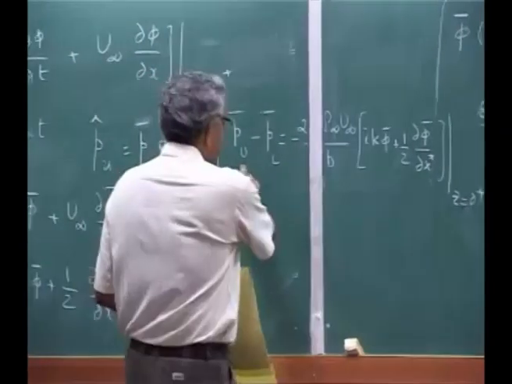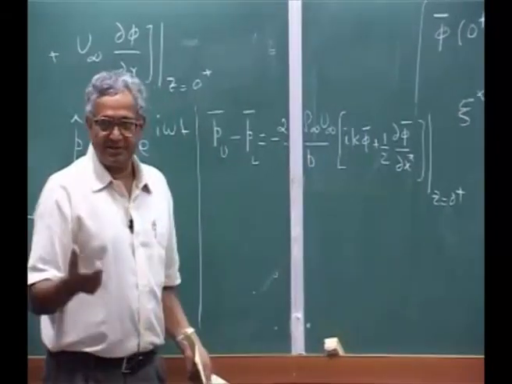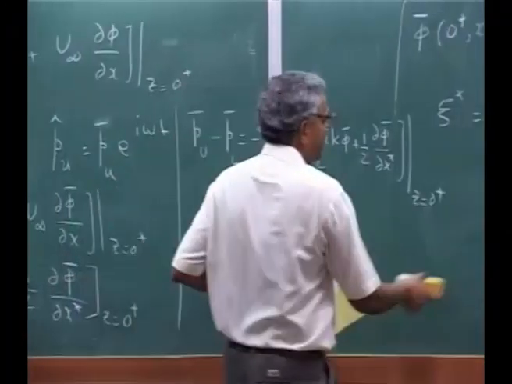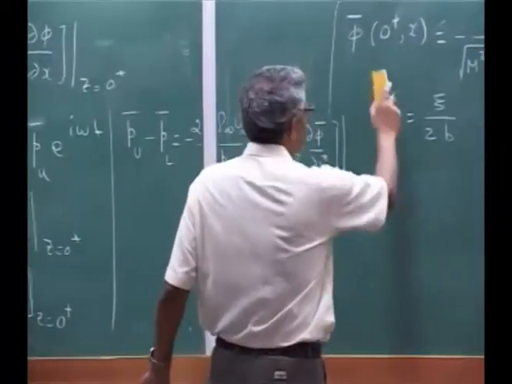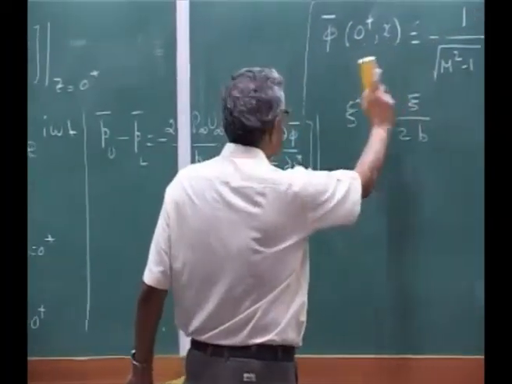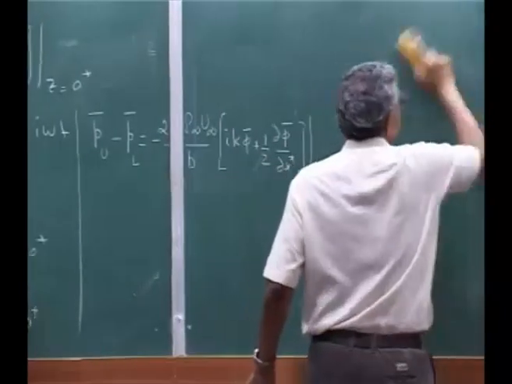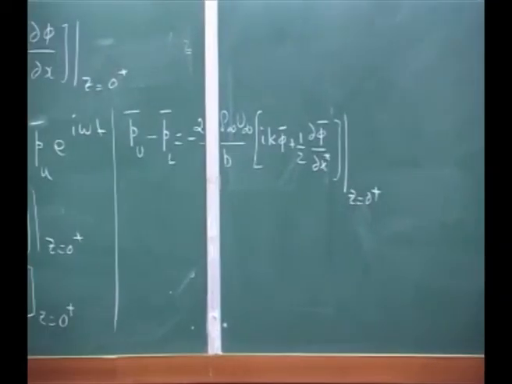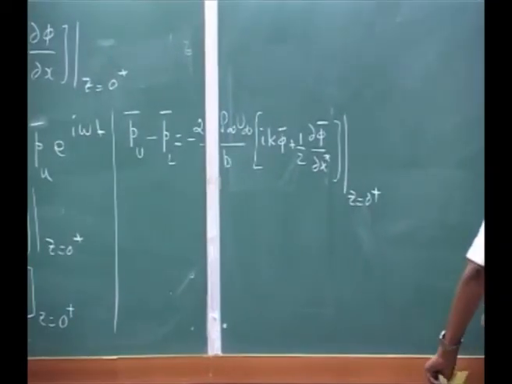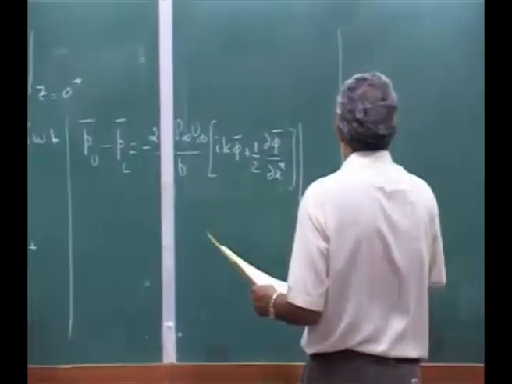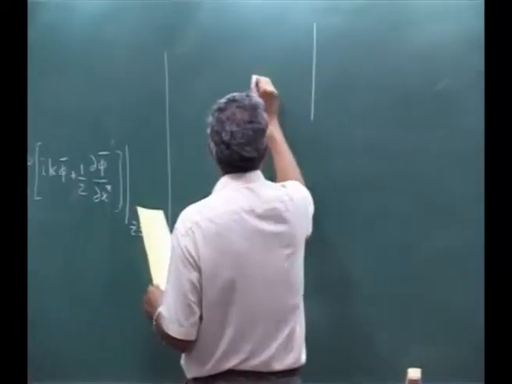Now let us take, this is the pressure, that means if I know the pressure, I can get the lift, I can get the moment about any point. So we will write the expression for that, and maybe I erase this entire part now. So for my lift expression, if I have my aerofoil, please take this.